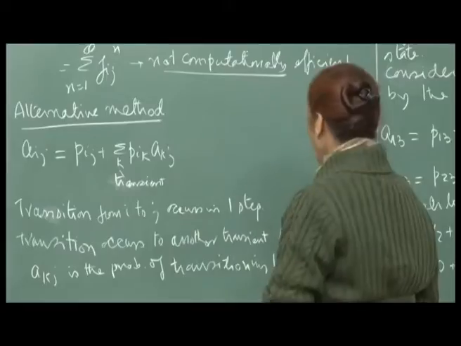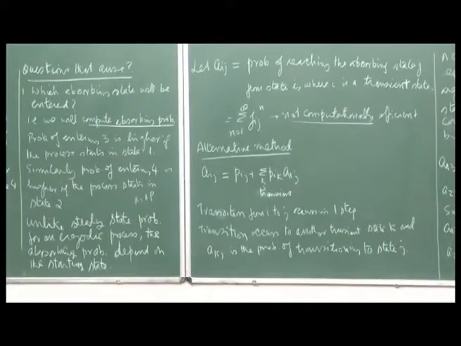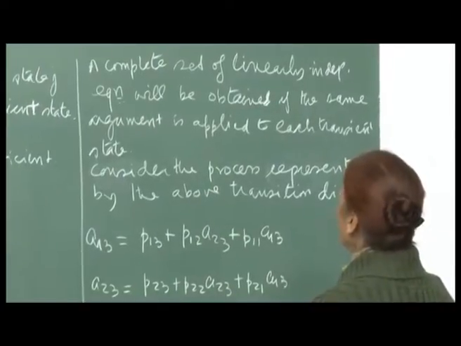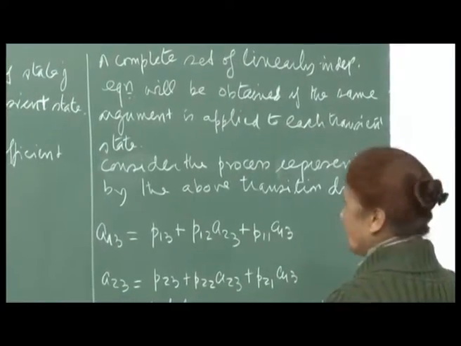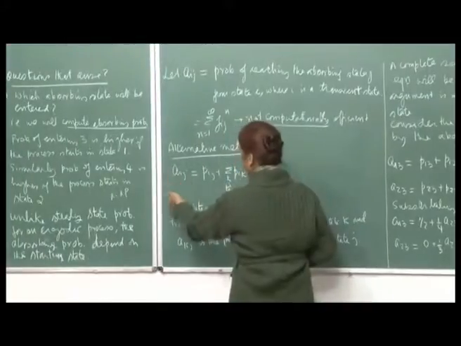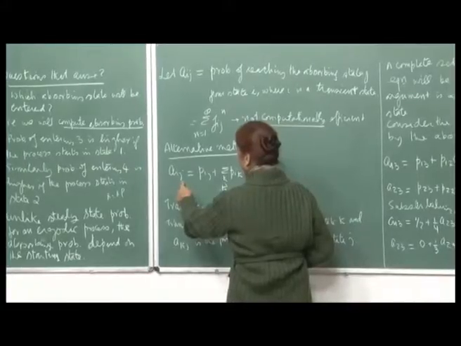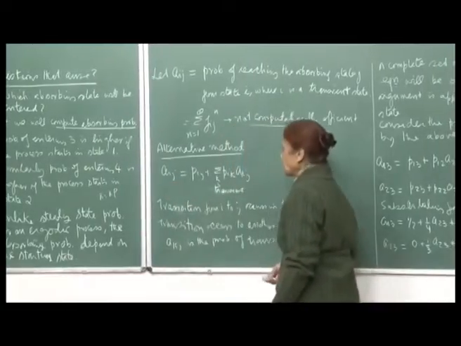So, this is the argument. Now, a complete set of linearly independent equations will be obtained if the same argument is applied to each transient state. Here I have done it for i. Whatever the number of transient states, from each of them I will find this probability of transitioning to the absorbing state j.